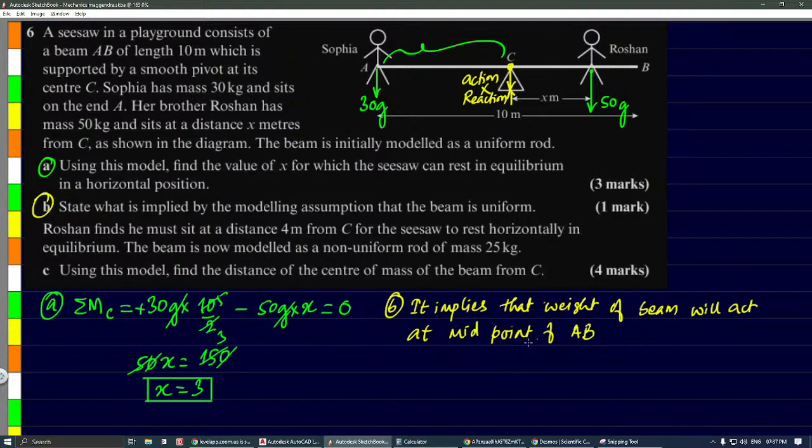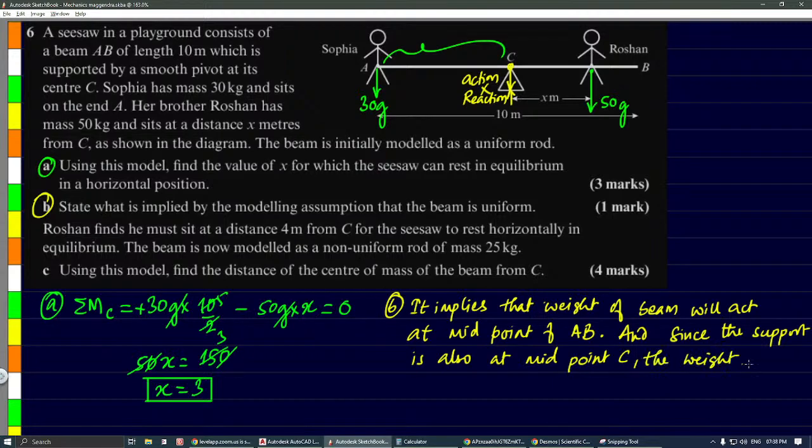Okay, it implies that the weight of the beam will act at the midpoint of AB, and since the support is also at the midpoint C, the weight, which is the action, and the reaction will cancel each other.